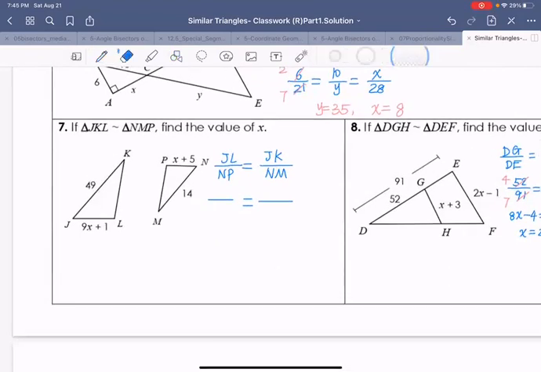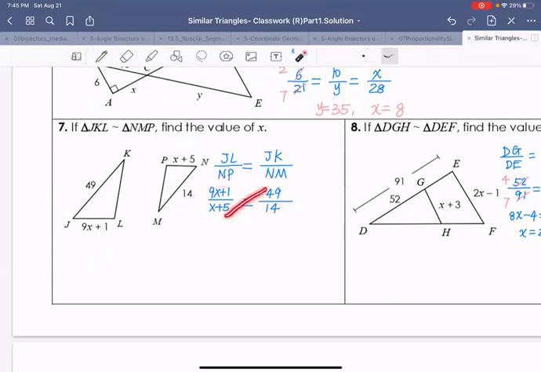So JL is 9x plus 1 over x plus 5 equals 49 over 14. Okay, tell me what way you want to simplify this.